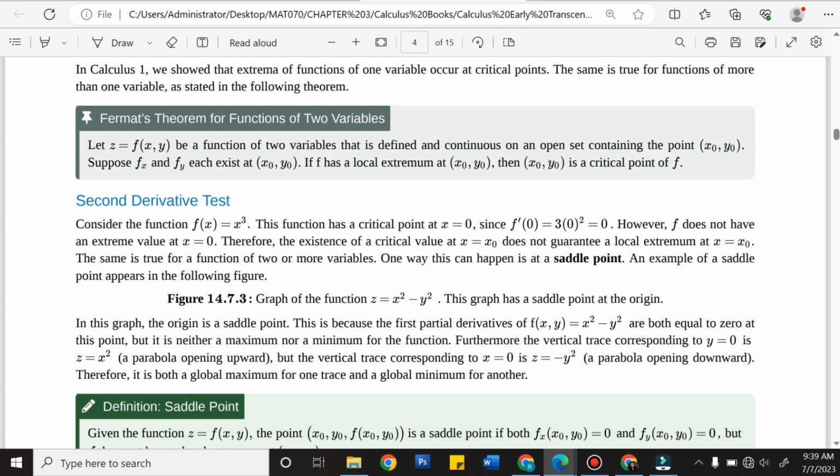If you have a local extremum, then you have a critical point. If you start with a critical point, then you have a local extremum.